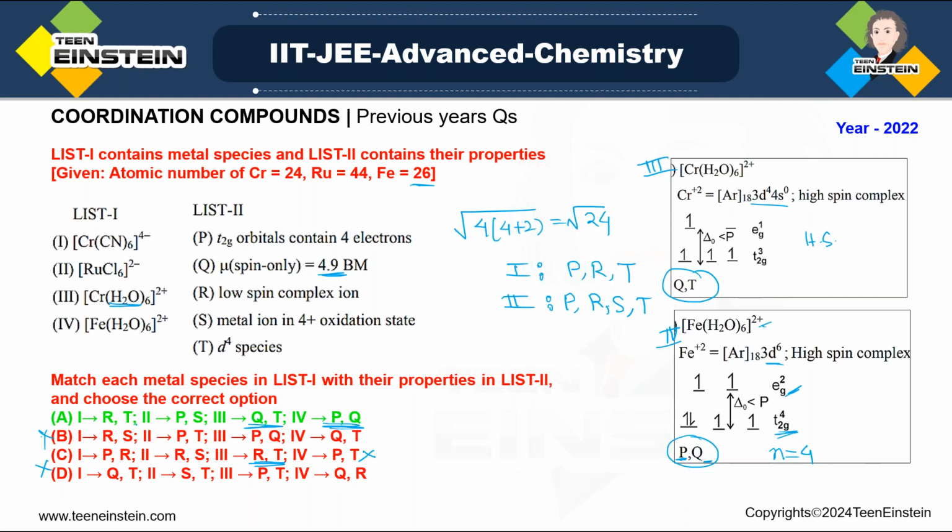But if you see the correct option here, out of PRT, only RT is present, but that is fine. You just have to check that nothing wrong is present. P is just excluded, but it is true that 1 is matching with RT. And here 2 is only P and S mentioned, these two are excluded.